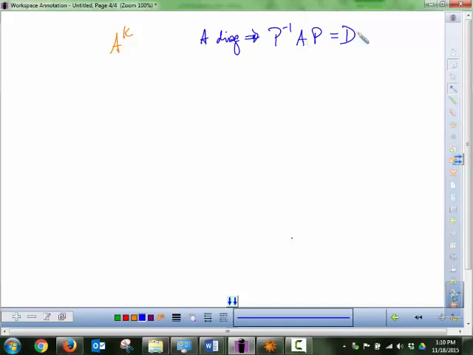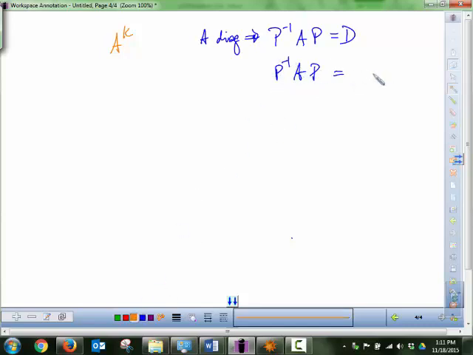And the quick proof for that is that I just want to write this with an A by itself and a D with those two matrices around it. Let me rewrite it like this and give this a little bit more space.